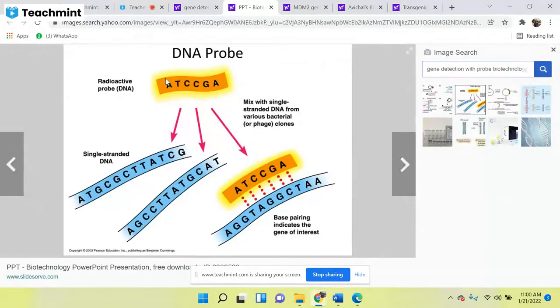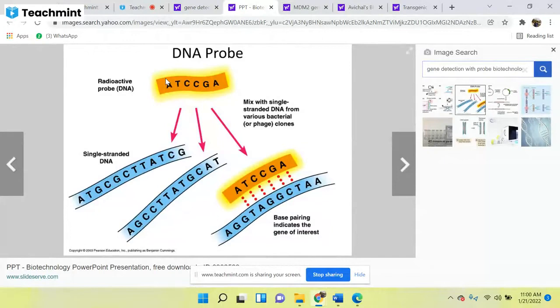After that, we will do the washing procedure. If the probe gets its complementary sequence, meaning it finds the mutated sequence in the DNA, then it will bind with that. After the washing procedure, it will not be removed. But if the probe does not get its complementary sequence, then it will not bind.